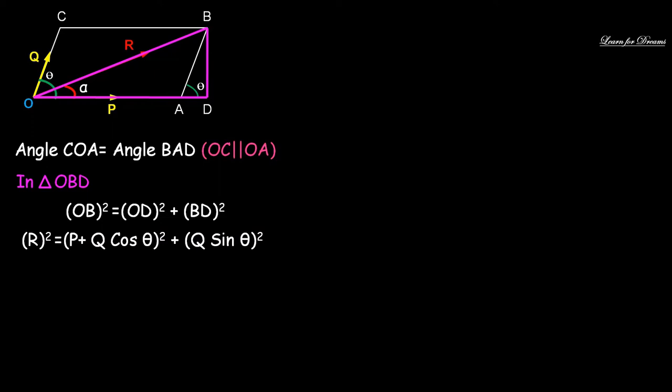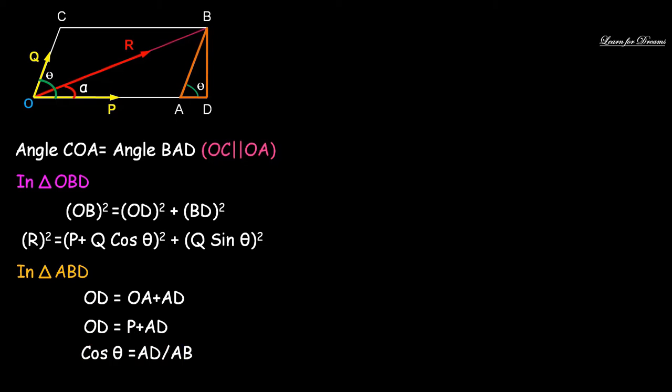Now pay attention to know how we get the equations for OD and BD in terms of forces P and Q. Now I want you to concentrate on triangle ABD. Here you can see OD is equal to OA plus AD. We can replace OA by force P. Now cos theta is equal to AD divided by AB, that is the adjacent side of angle theta divided by the hypotenuse AB.